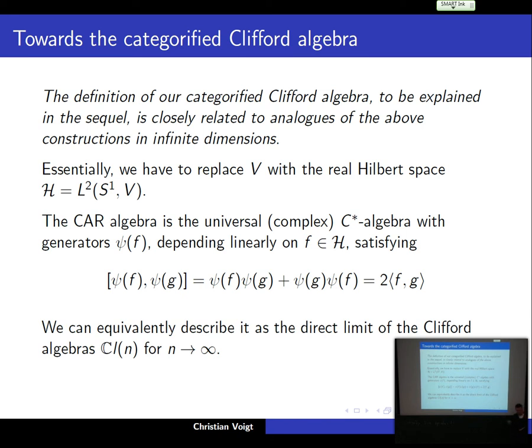You can also view it as the limit of the finite dimensional Clifford algebras for n going to infinity. And there is no categorification here. This is just another algebra, and you could put a plus sign, but it's a graded commutator. So there is no categorification whatsoever here.